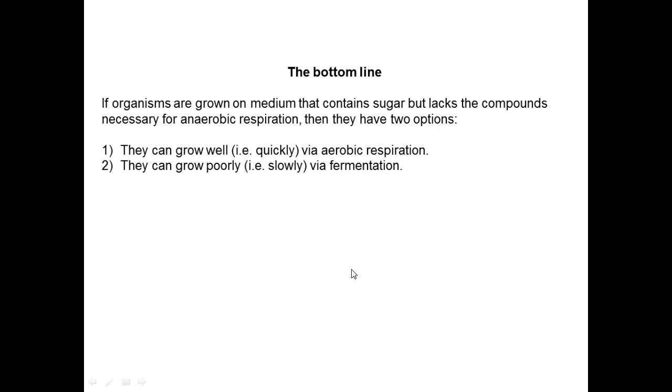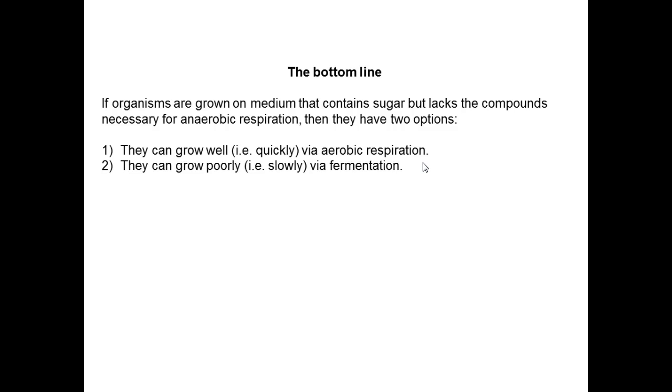So if organisms are grown on a media that contains sugar but lacks compounds necessary for anaerobic respiration, then they have two options, right? They can grow well, i.e. quickly via aerobic respiration, if they can do that, right? Or they'll grow poorly, i.e. slowly, using fermentation, right?